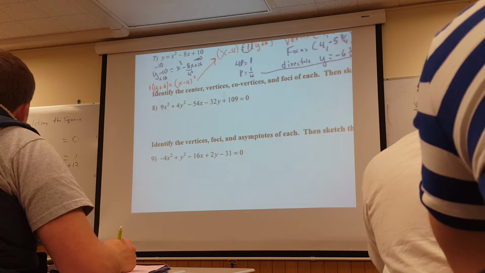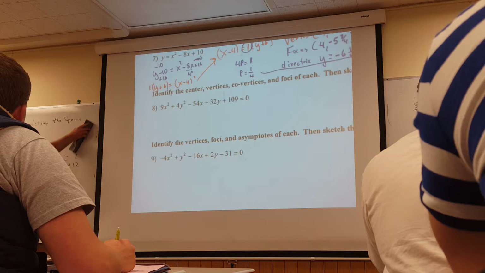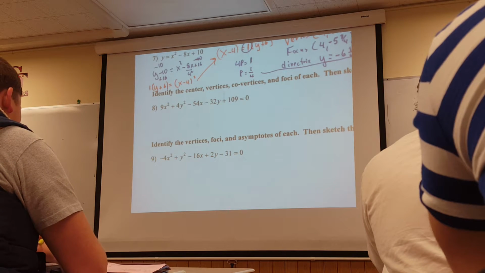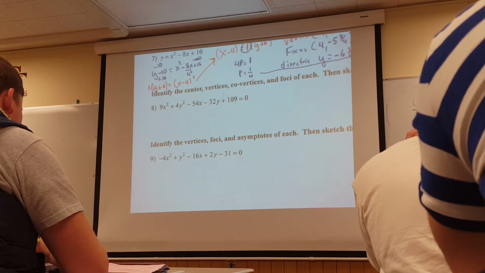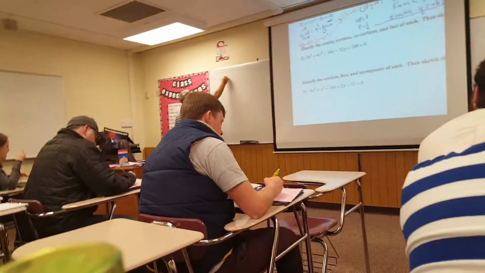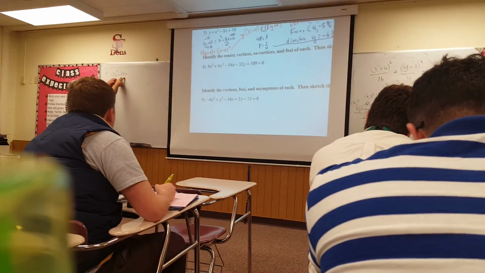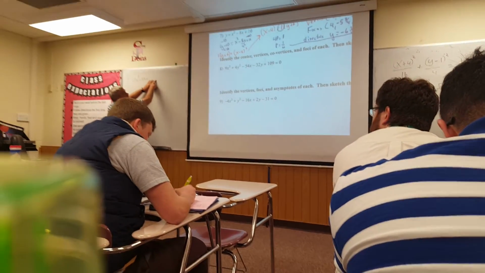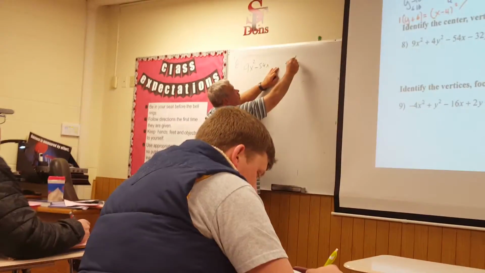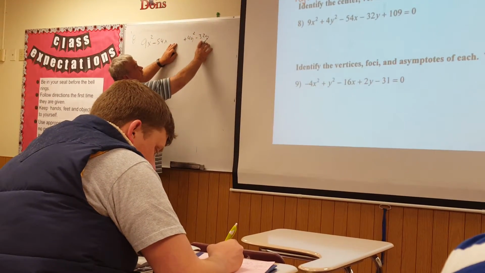All right, look at the snowman problem, okay? Now, you need to get the x's together and the y's together. So on the eighth one, we are gonna take the 9x squared minus 54x. So put the two x's together, leave a little gap, and then we're gonna plus 4y squared minus 32y.